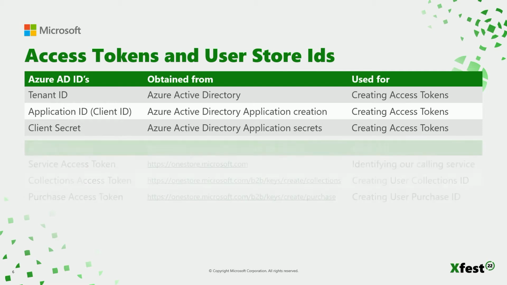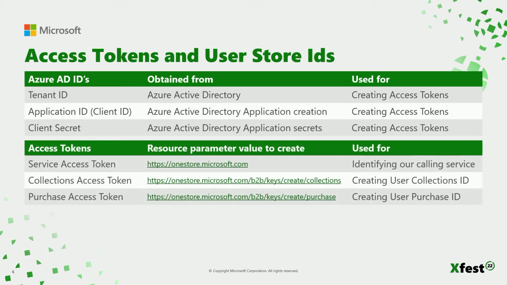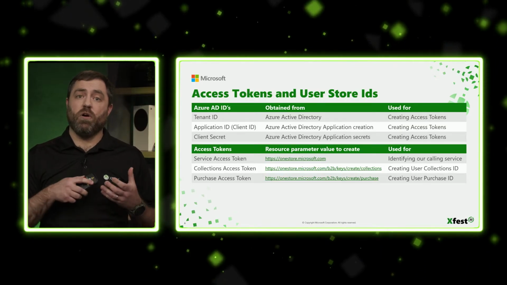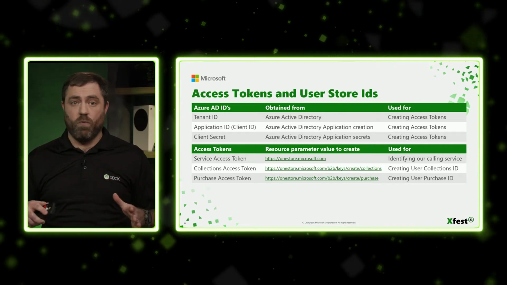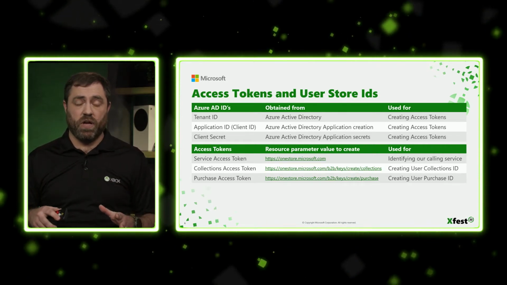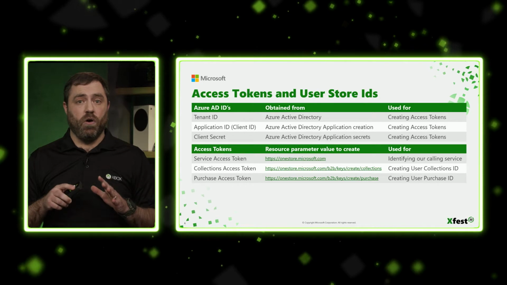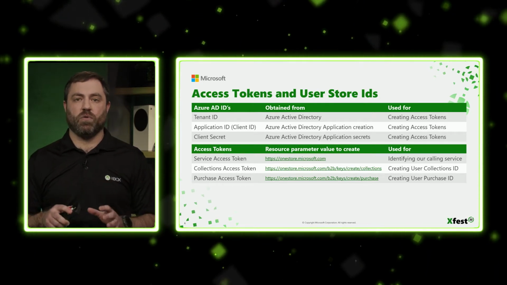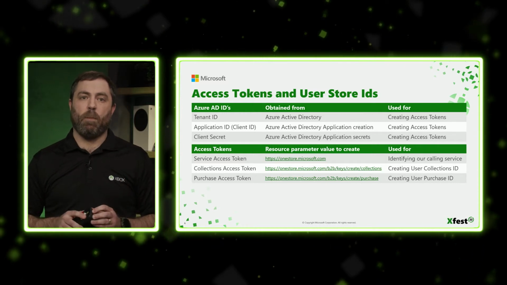There are 3 different access token types defined by the resource parameter in the creation request. Service access tokens represent your publisher or service. You never want to send or share this token with a client. It should only be used by your services when calling the store services directly.